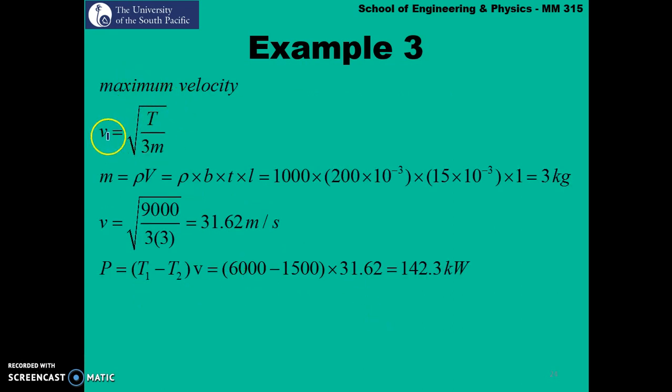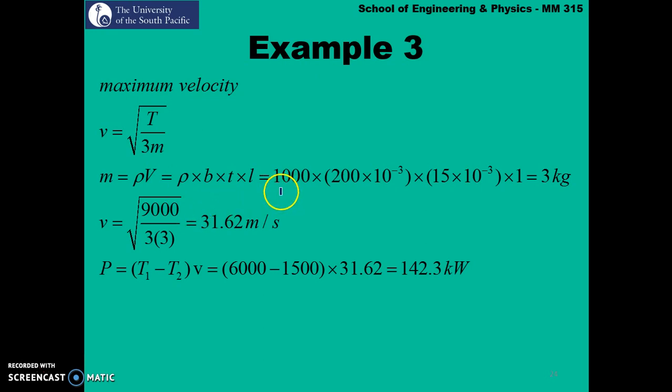We know that your velocity for maximum power transmission is given by the square root of capital T, which is your maximum tension, divided by 3m. M is the mass of the belt per unit length. Mass is density times volume, and volume is nothing but cross-sectional area times the length of the belt. As mentioned earlier, we take the length of the belt to be just 1 meter.